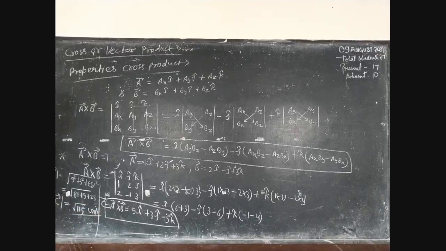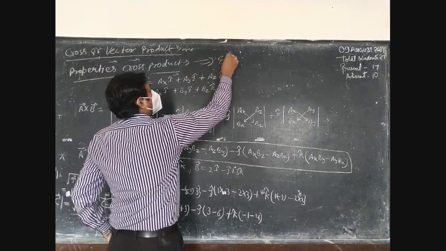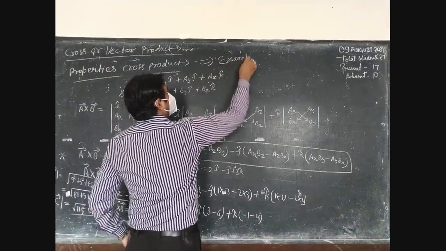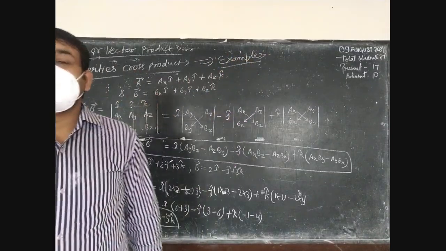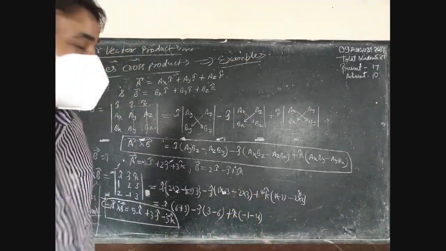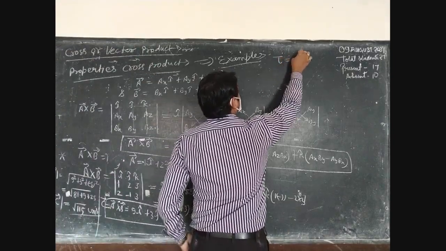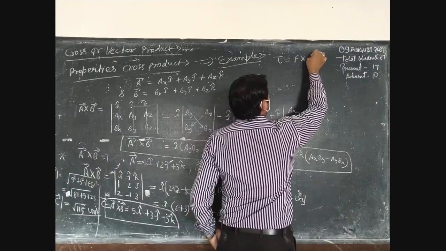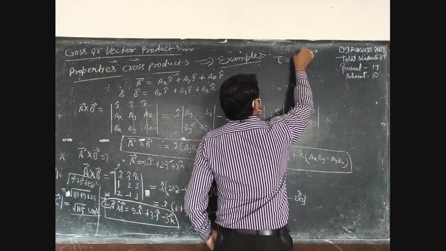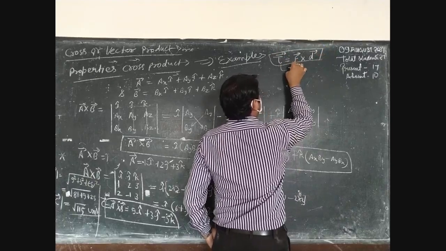Okay, write some examples of cross product. Examples of cross product. First example is torque. Okay, torque is given by the cross product between force and displacement vector. This is torque.